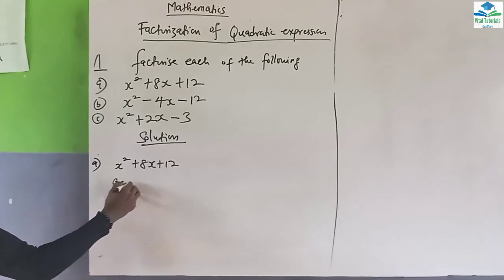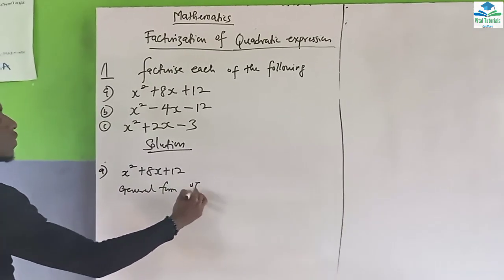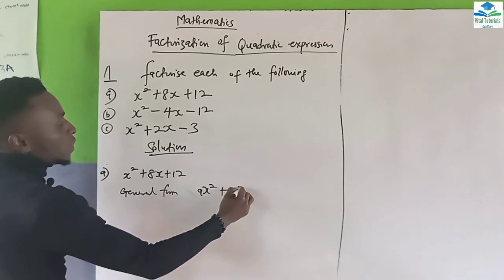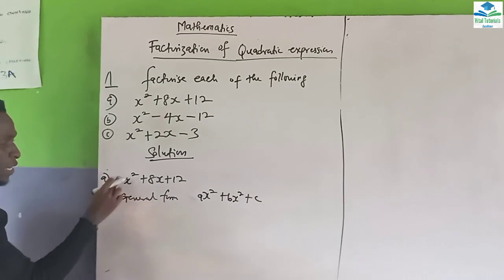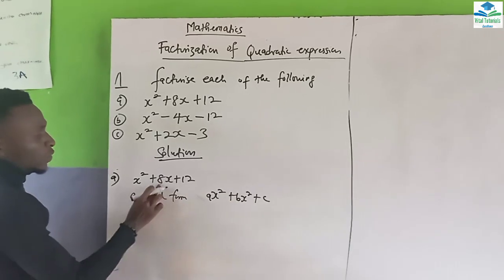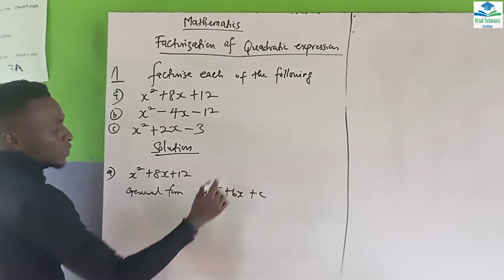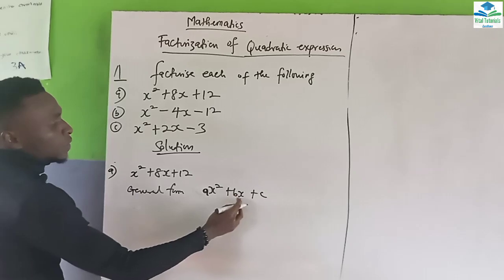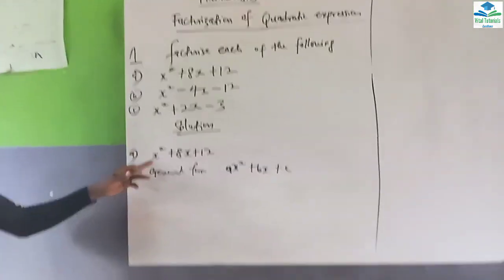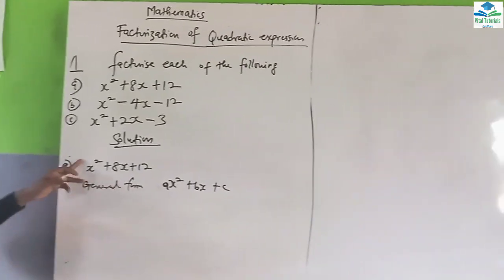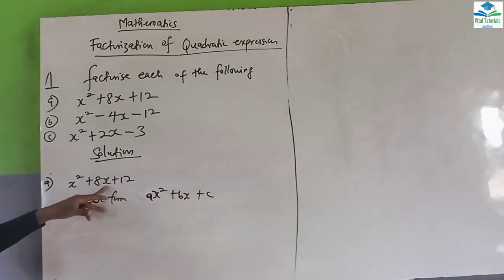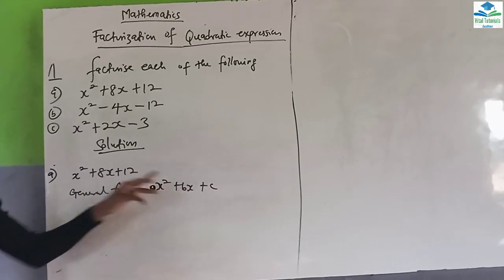The general form of a quadratic expression is ax squared plus bx plus c, where a is the coefficient of x squared, b is the coefficient of x, and c is the constant, what is outside.